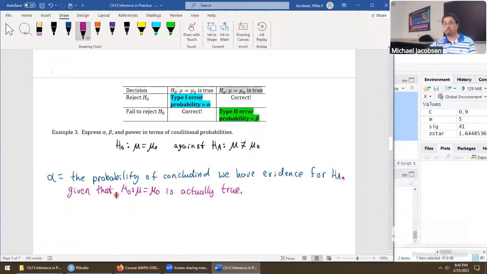So this is the conditional part. We only get that probability alpha to come out right if we add that extra conditional thing that happens, assuming the null hypothesis is true, which makes sense because that's how you conduct the hypothesis test in the first place. So that's what alpha is. Any questions at all, folks, coming up with the alpha?